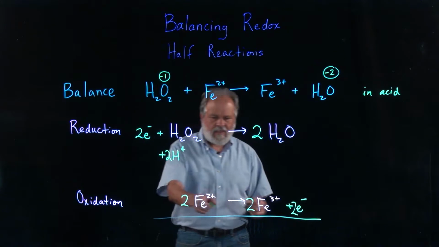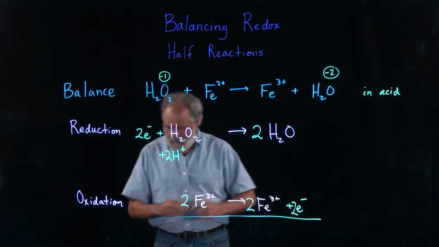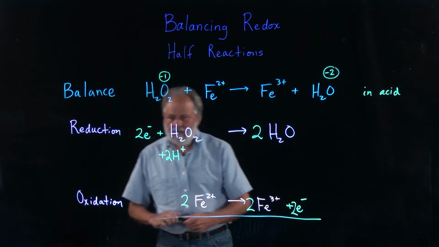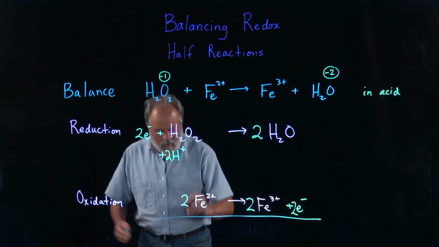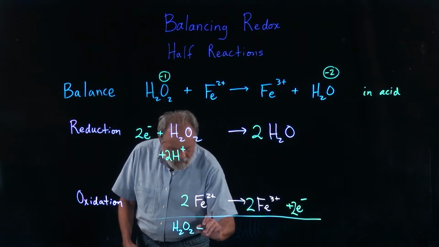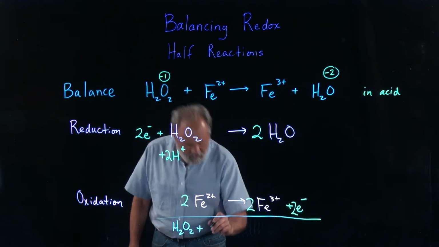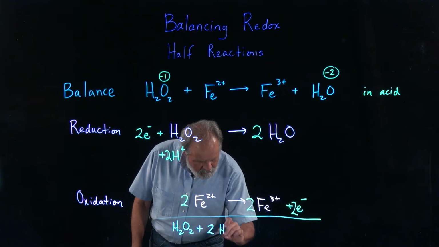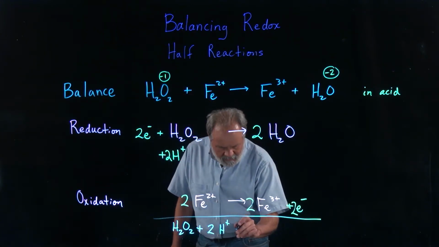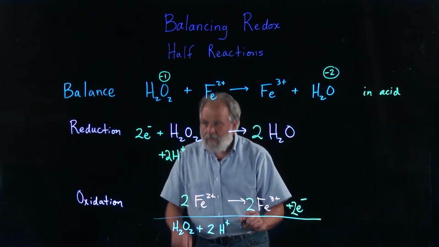Now we're going to add this half reaction to that half reaction to get the overall reaction, which will be H2O2 plus 2H plus. These are all aqueous ions and molecules.